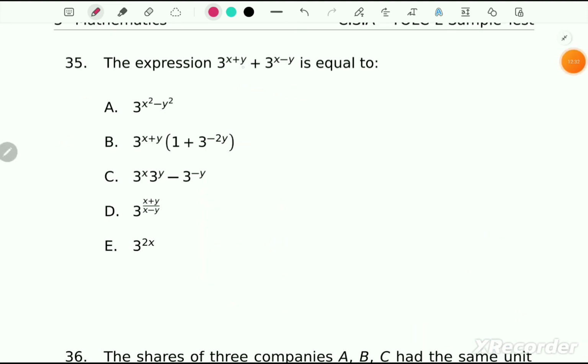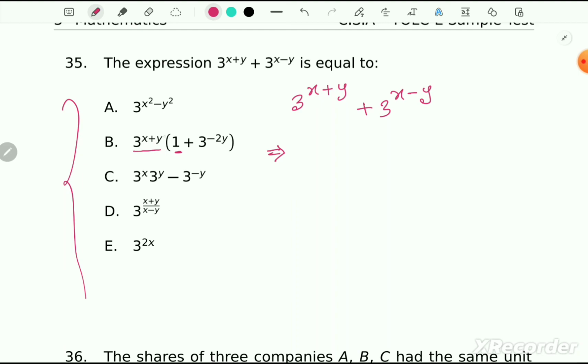The expression 3^x plus y plus 3^x minus y is equal to what? So it's very simple. We can just do this way. Take a look here how we can do that. 3^(x+y) gives us a clue, and here is 1.